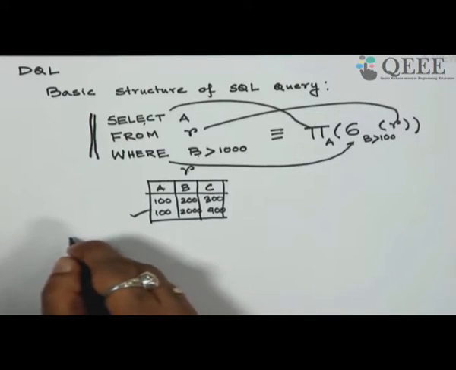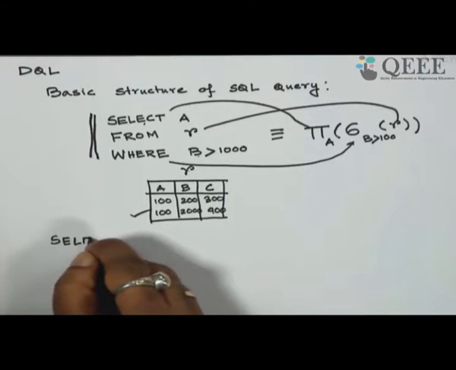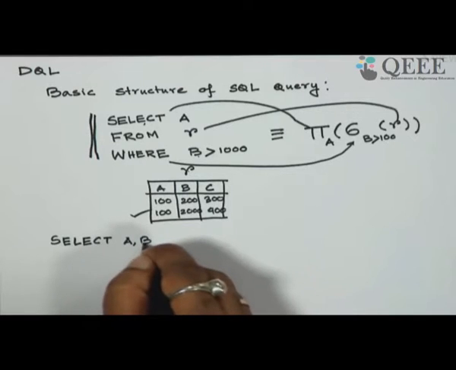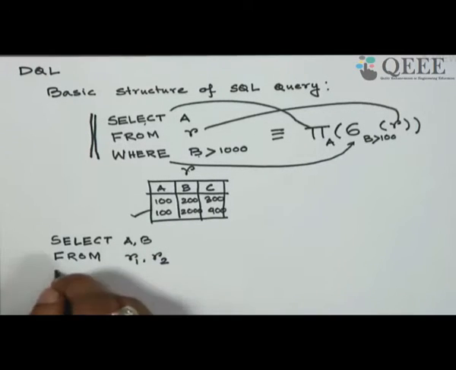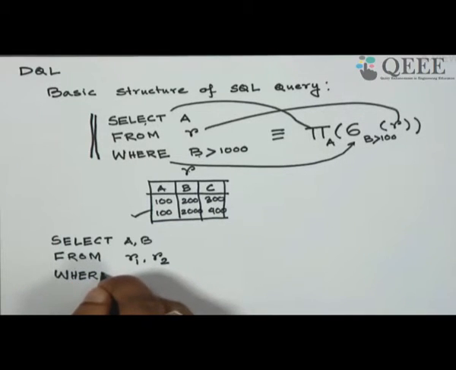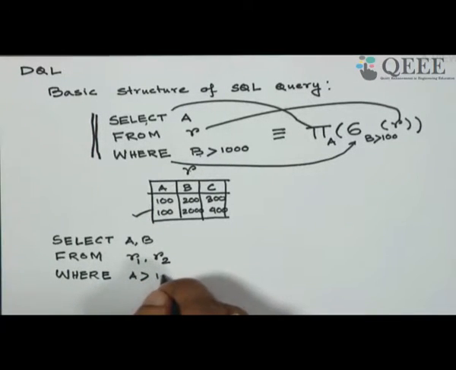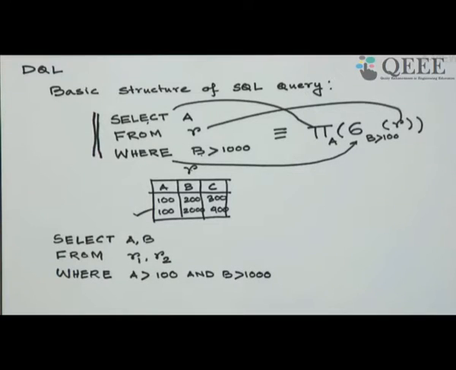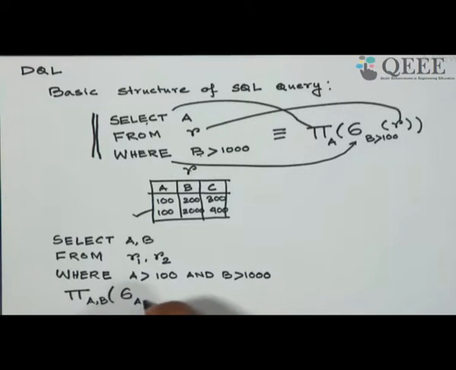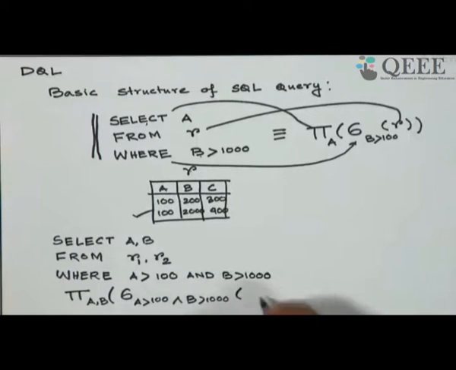You can have a slightly more generalized form. So this is equivalent to the query: project not to A but to A and B, select not one condition but AND of two conditions, from not one table but the Cartesian product.